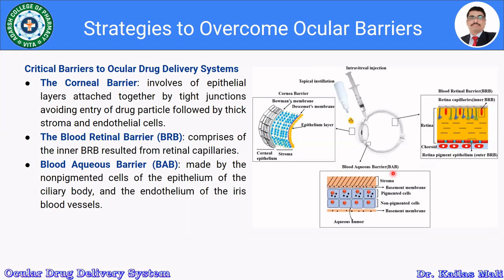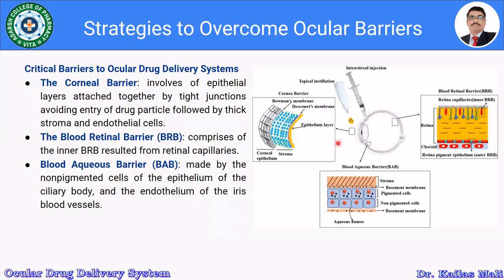Then the blood-aqueous barrier is made by the non-pigmented cells of the epithelium of the ciliary body and the endothelium of the iris blood vessels.